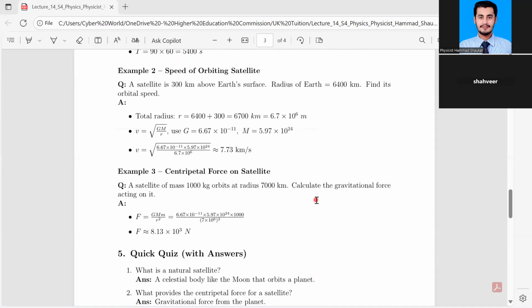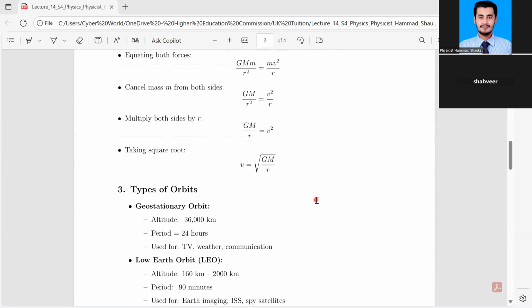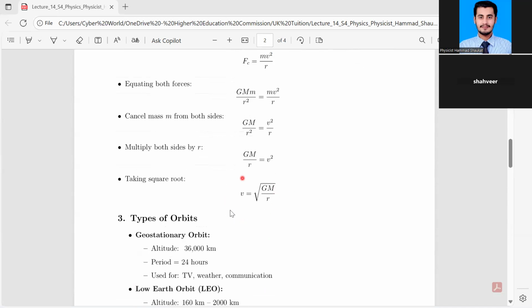So you can also check this mathematically. This relation we derived, right? Here you can see this is the speed or velocity, and here is the radius. Can you tell me what is the relationship between v and r? Is it a direct relation or an inverse relation? Inverse. Yes, inverse, because you see here your velocity is in the numerator, and here you can see your radius in the denominator.